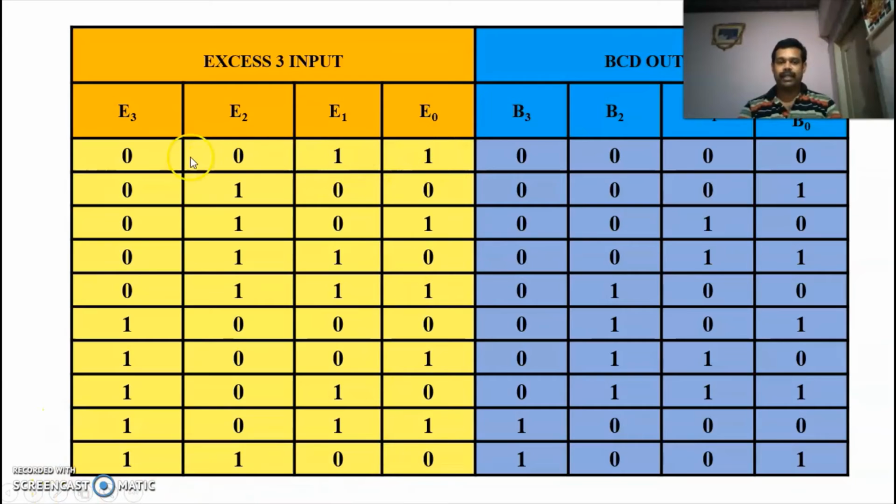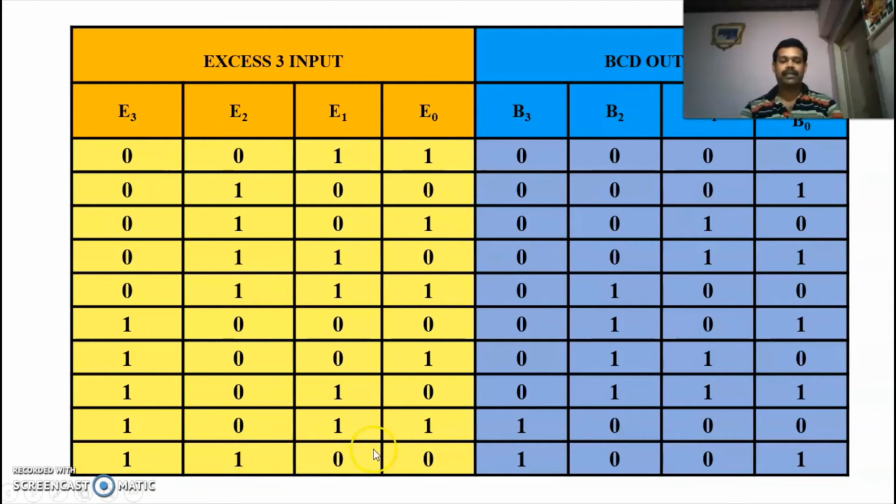Here the decimal values of this XS3 used are 3, 4, 5, 6, 7, 8, 9, 10, 11, 12. For 0, 1, 2, similarly for 13, 14, 15, you have to put don't cares, because with 4 variables you'll be getting 16 combinations.